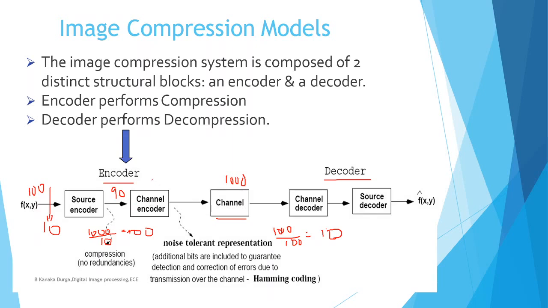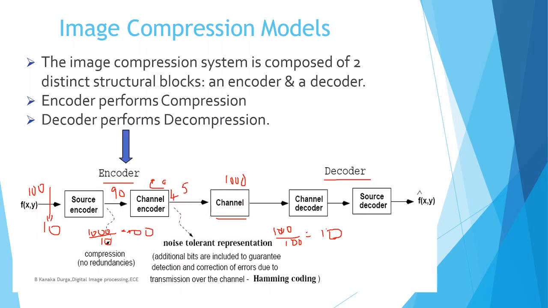We can apply any image compression coding here, like Huffman coding, Hamming coding, LZW coding or arithmetic coding, in order to reduce the image data size. So we apply the coding techniques in the channel encoder. Assuming 50% compression, it goes to 45 bits. These 45 bits are passed through the channel and given to the channel decoder.